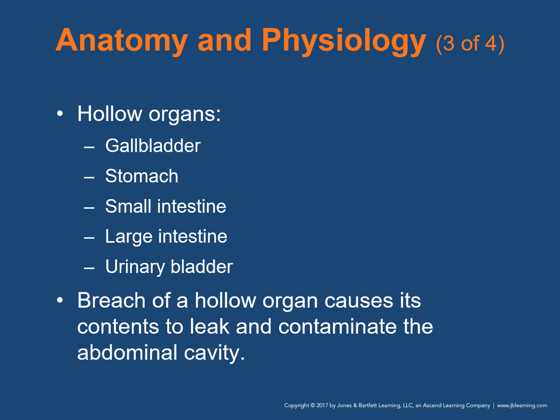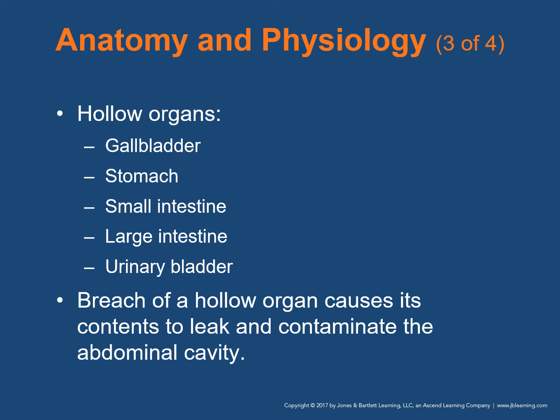Your hollow organs are the gallbladder, the stomach, the small intestine, the large intestine, and the bladder. The problem with hollow organs is that damage to them can cause leakage of the fluids that are in there, which would then contaminate the abdominal cavity and cause both irritation and potentially infection.